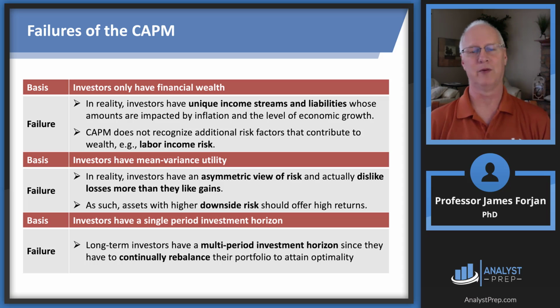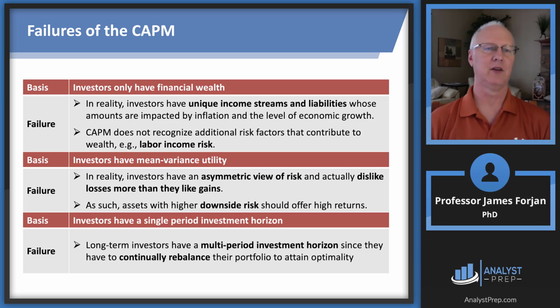And so I would scratch my head and say, all right, is it just a little bit imperfect or is it a lot imperfect? And over the years, we have discovered that the capital asset pricing model provides us with a great foundation. But like lots of things, we need to try to add to our understanding of it by doing some other stuff. So before we get to that other stuff, let's take a look at some of the failures of the capital asset pricing model.